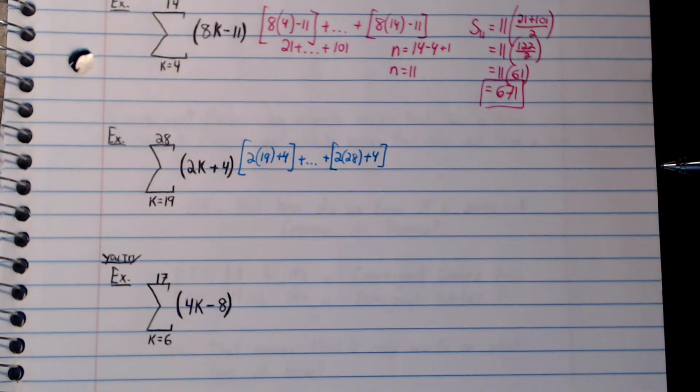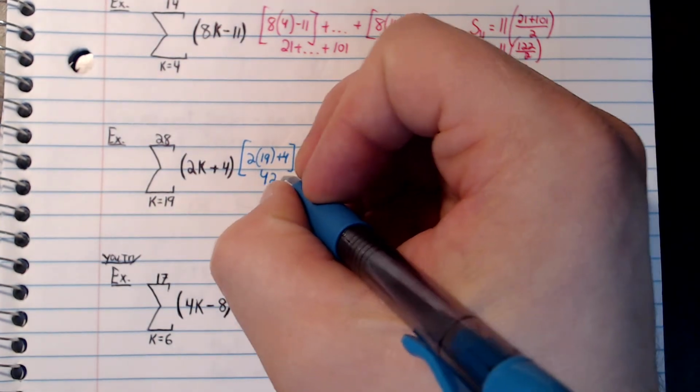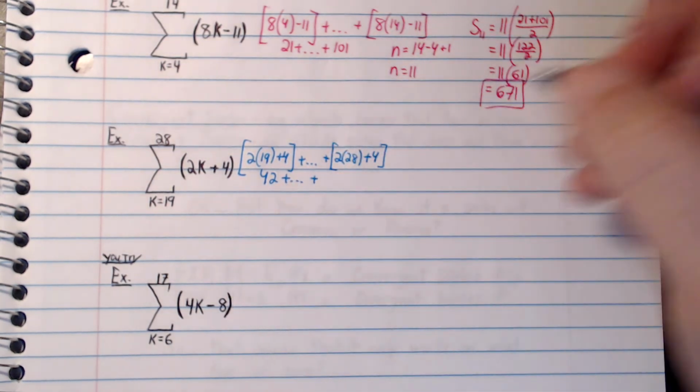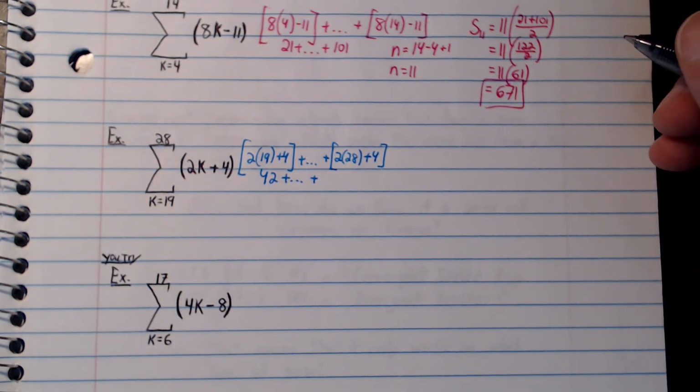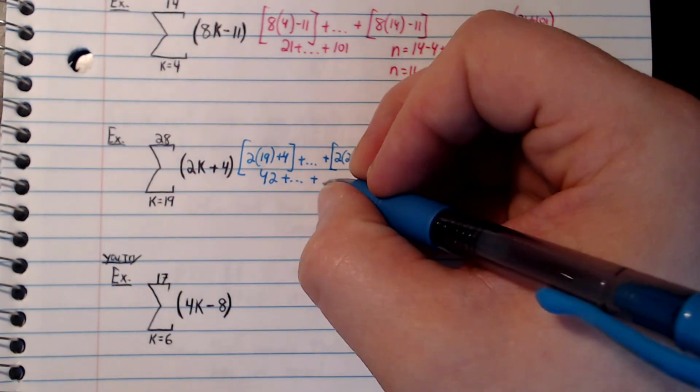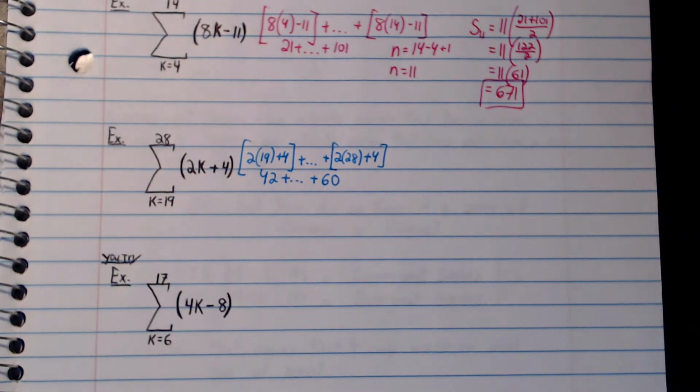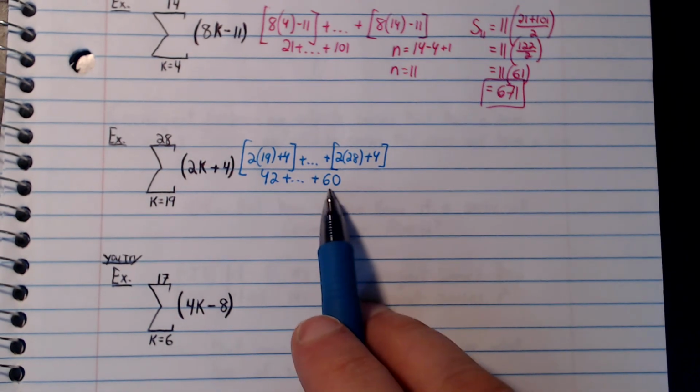We calculated what those were. 2 times 19 plus 4 would be 42 for our first term. 2 times 28 plus 4 is 60 for our last term. So we're adding 42 all the way up to 60.